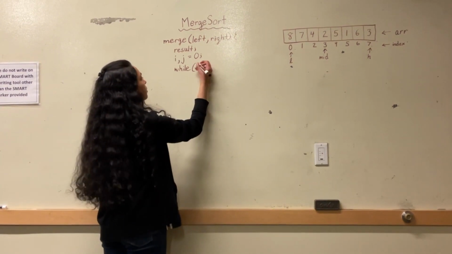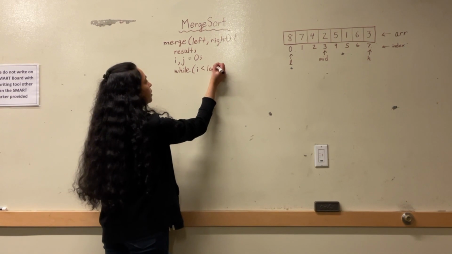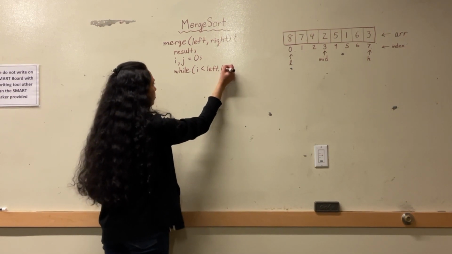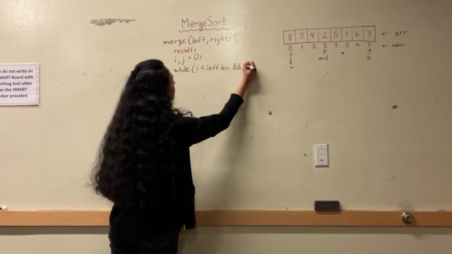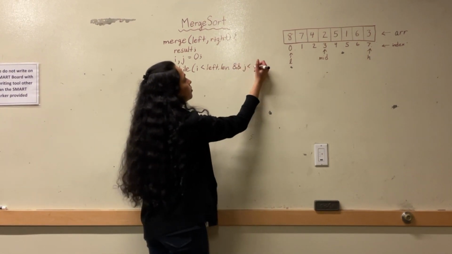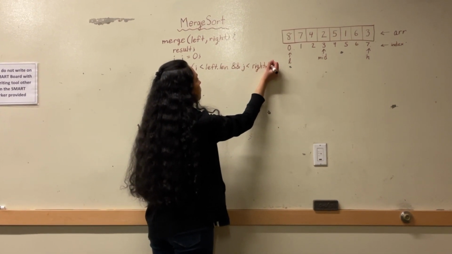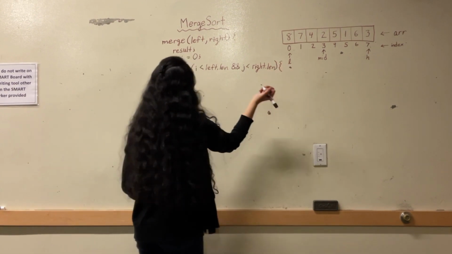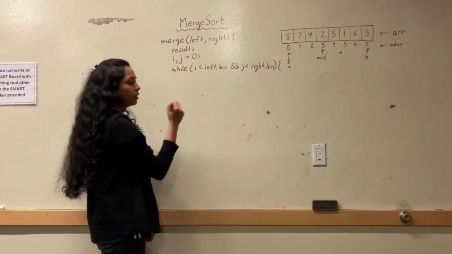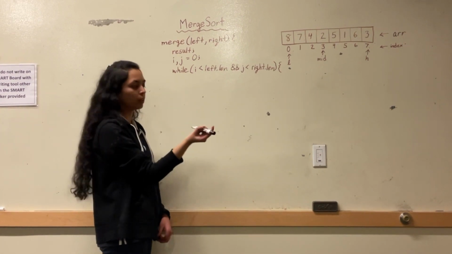So we're going to have, while i is less than the length of left, and j is less than the length of right, we're going to have an if statement that checks whether the element in left or right is smaller.